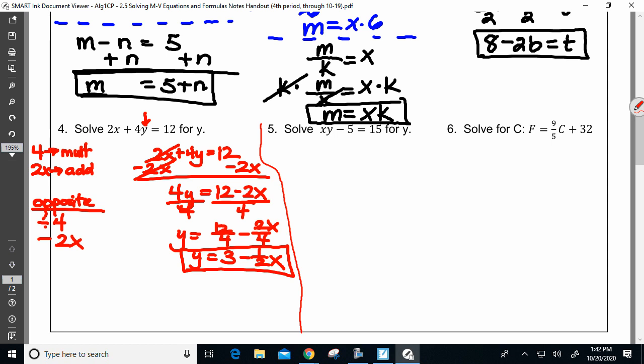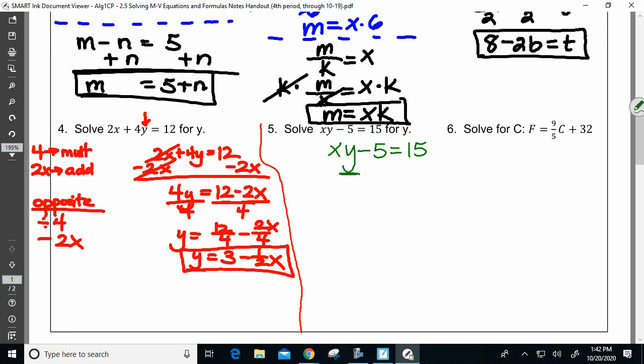So we have solve xy minus 5 equals 15 for y. So that means for this equation, we want y by itself.